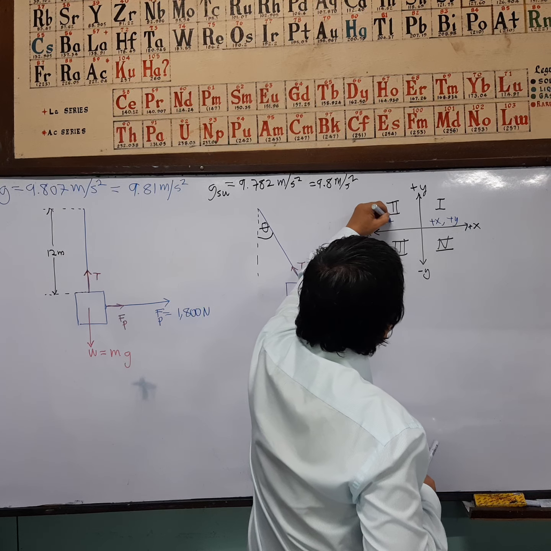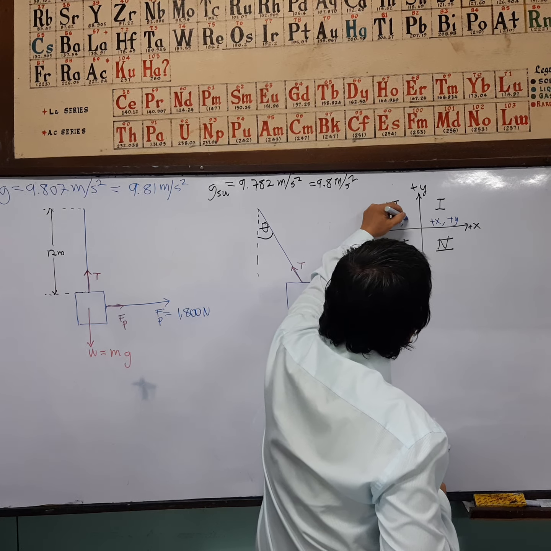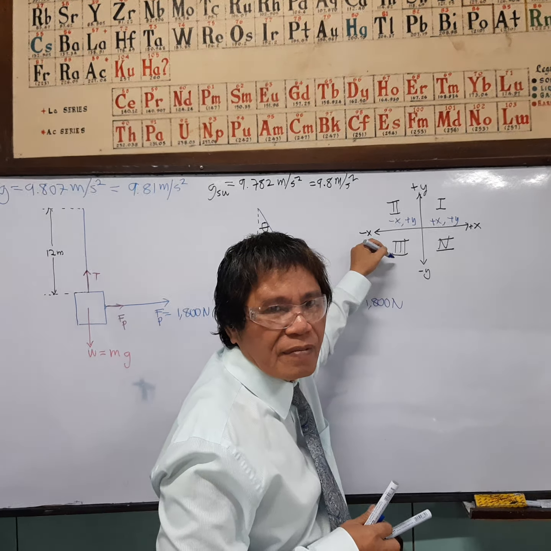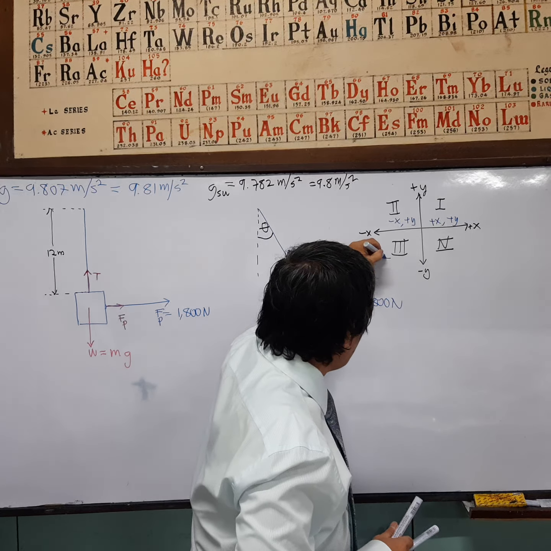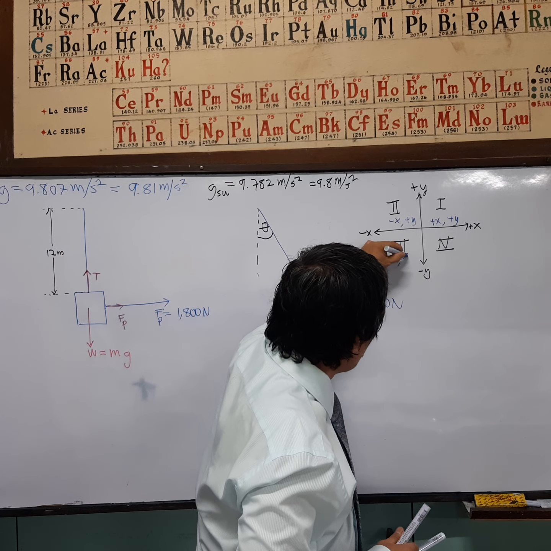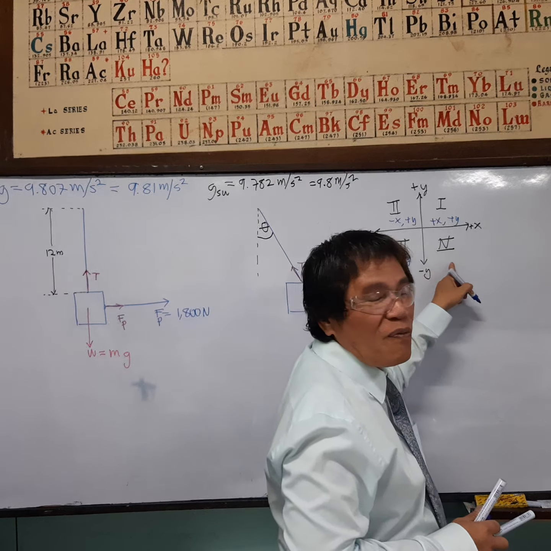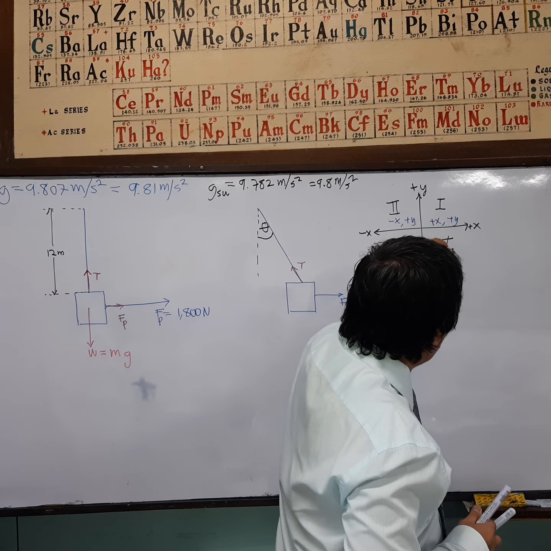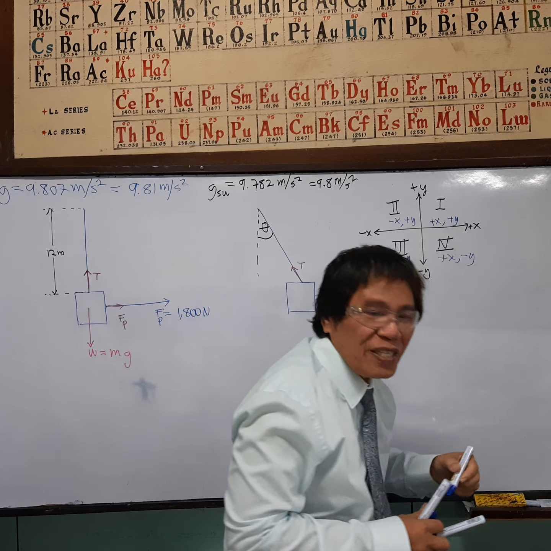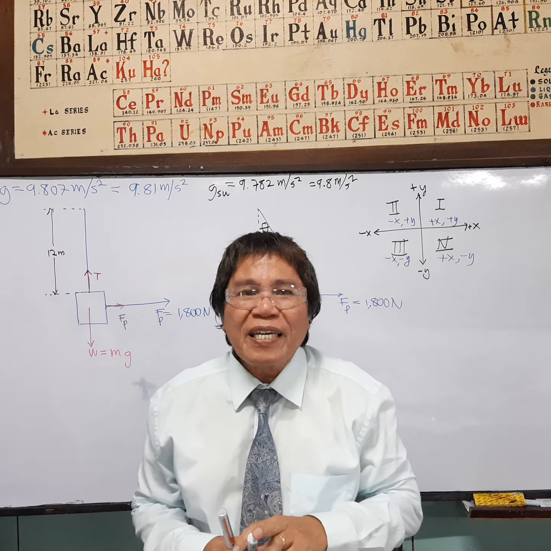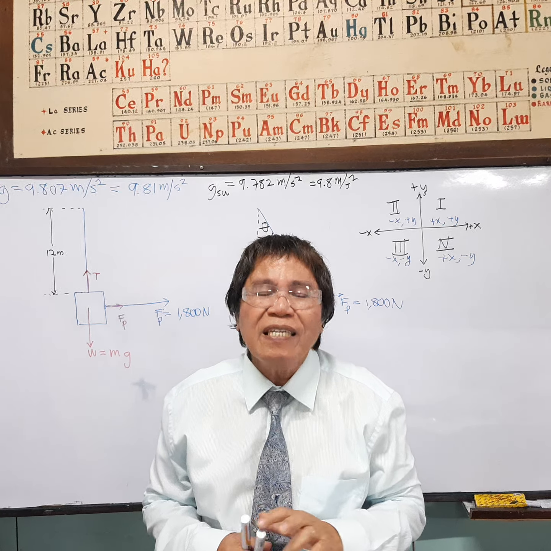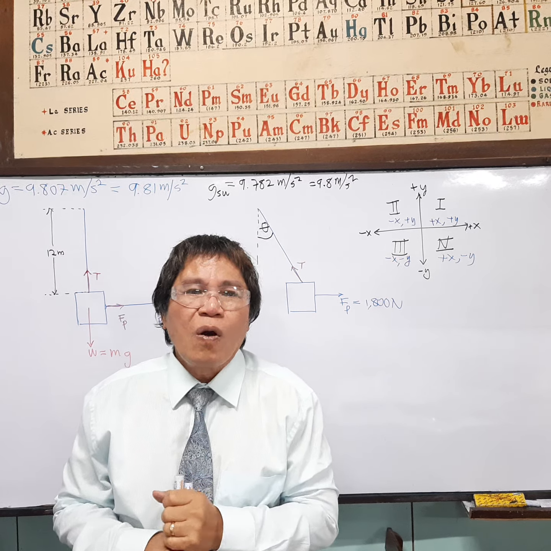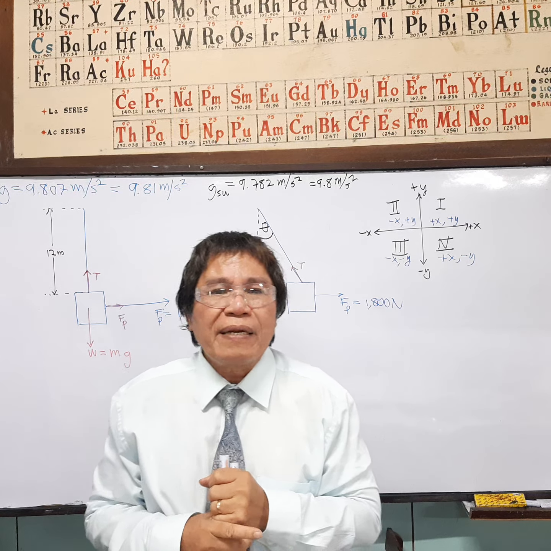Second quadrant, negative x, positive y. What is the third quadrant? I will answer my question. Negative x, negative y. What is the fourth quadrant? Positive x and negative y. These are the respective corresponding signs of x and y coordinates on the 4 quadrants.